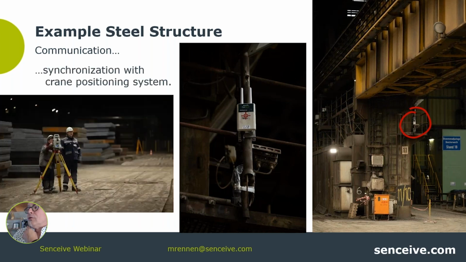During installation, all node positions have been measured by geodetic observations, just in coordinates, in order to synchronize the position with the position of the crane's positioning system, so that later on we know exactly what load is on the crane, where the crane was in a certain situation, and what kind of impact it had on its adjacent nodes.